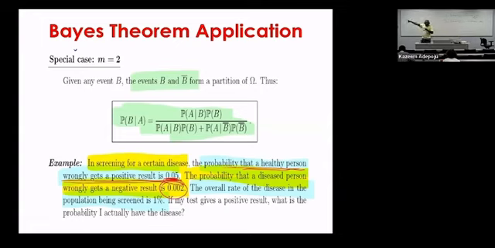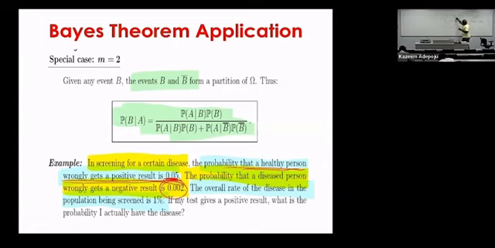Now, the next thing you're going to do is find the probability of A given B. What are A and B? Positive result, disease.